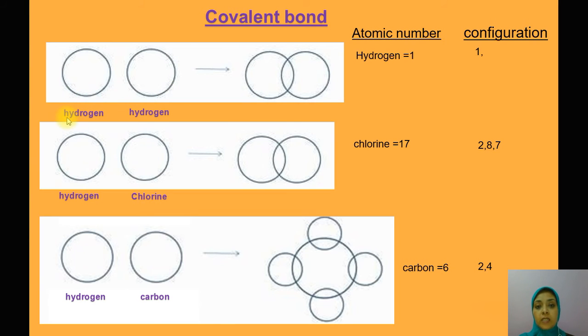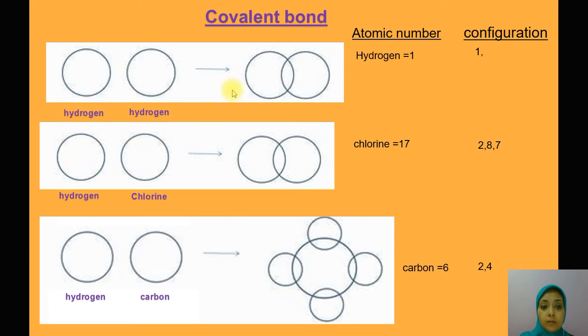So hydrogen is a nonmetal, combined with another atom of hydrogen, to form the hydrogen molecule with a covalent bond.